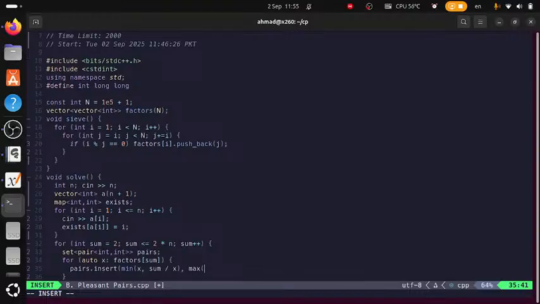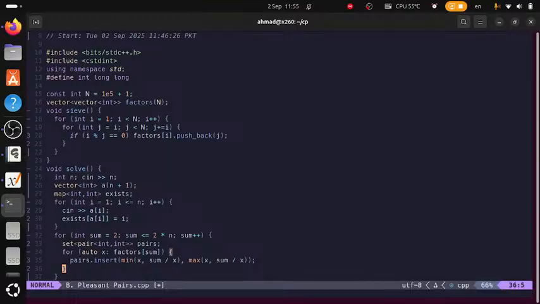So is it possible to have duplicates in such a manner? No, it's not possible. Very good. So we say x and sum divided by x, right? And we insert this into the set of pairs, and there will be no duplicate pairs in this manner.